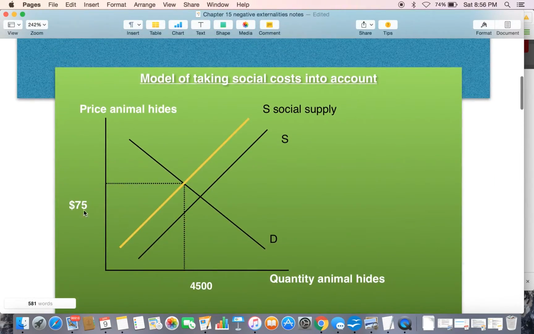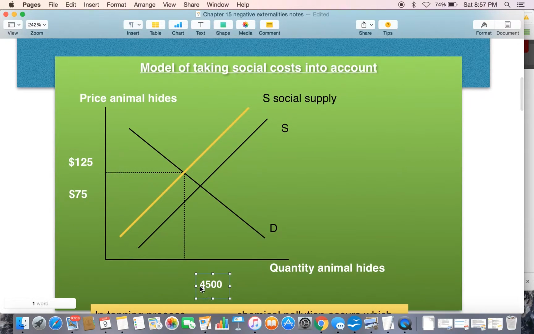So our new equilibrium supply and demand is that at a price of $125, 4,000 will be supplied and demanded versus 4,500 in our old equilibrium before we employed our pollution tax.